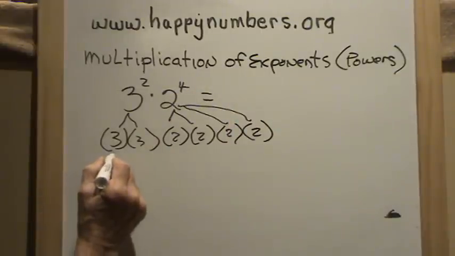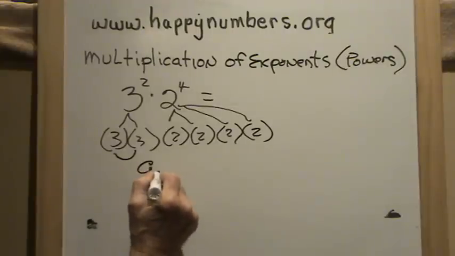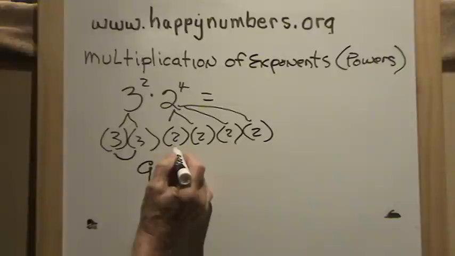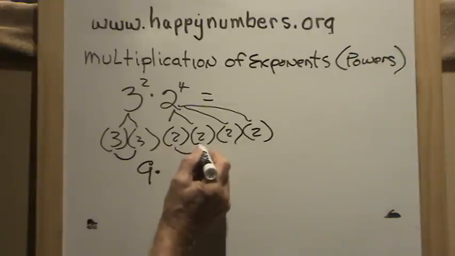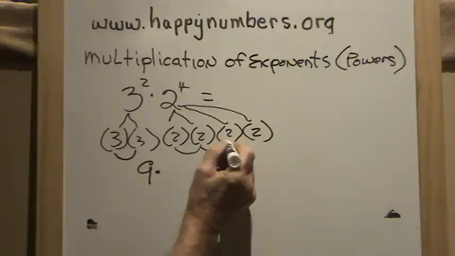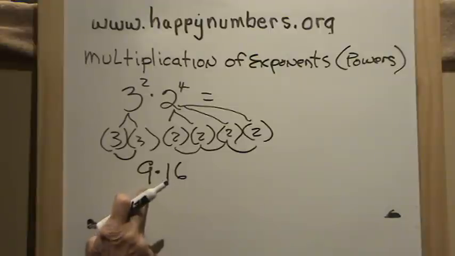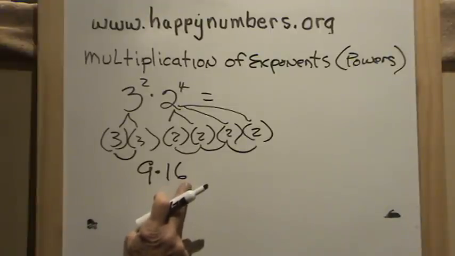Well, we do our multiplication. 3 times 3 is 9. And now 9 times 2 times 2 is 4, times 2 is 8, and 8 times 2 is 16. And so now we have 9 times 16.